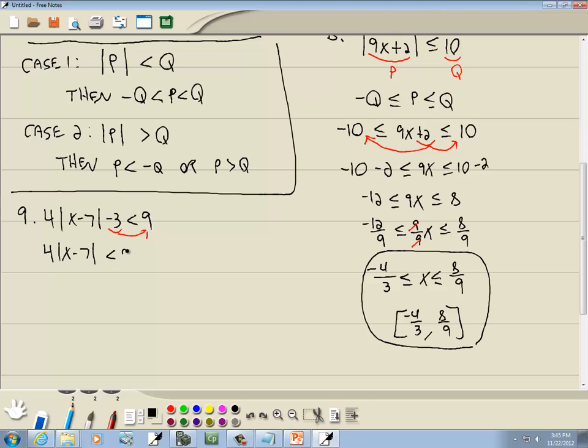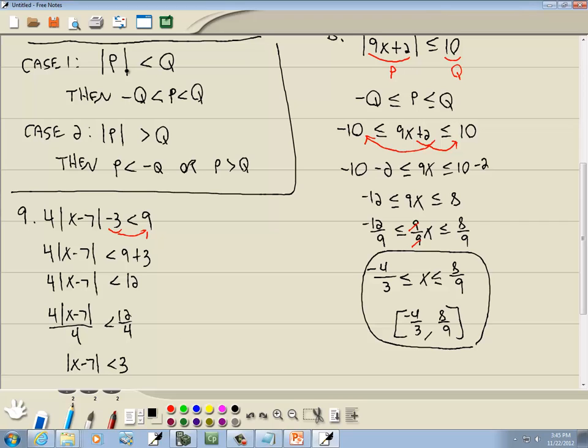And when we take it over there, it becomes a positive 3. And 9 plus 3 is 12. Then we want to divide both sides by 4 to get the absolute value by itself. And we'll have the absolute value of x minus 7 is less than 3.